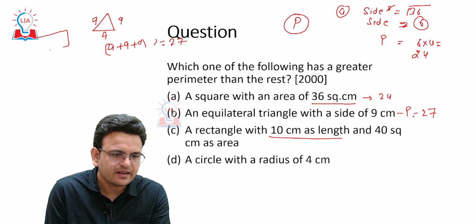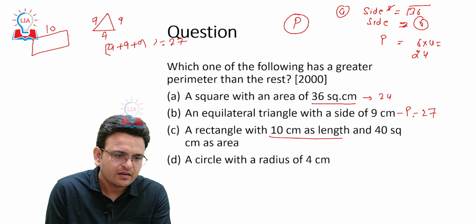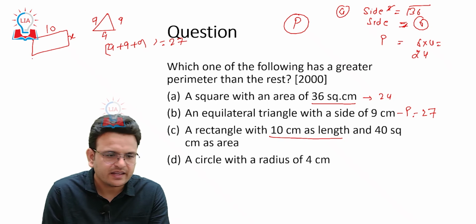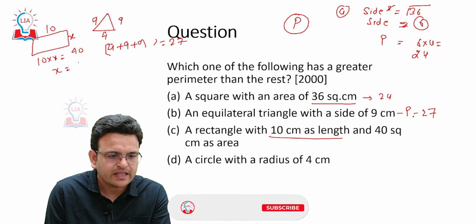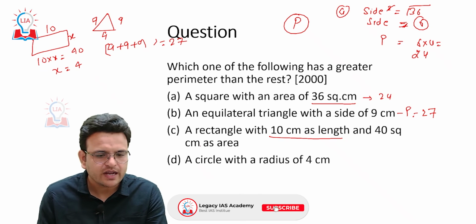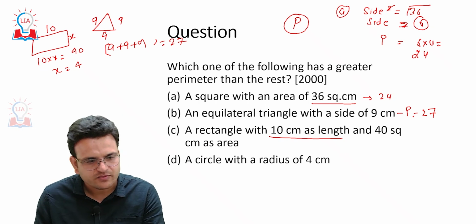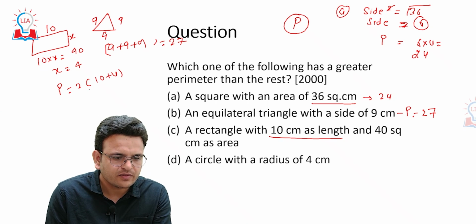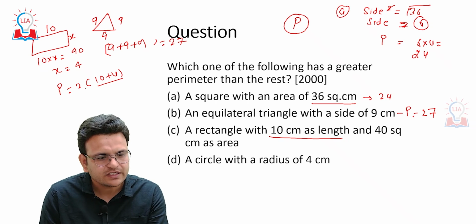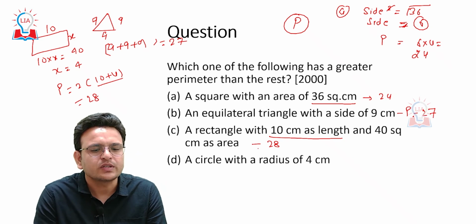In the rectangle we have length 10, breadth x, and length into breadth is equal to area. So the breadth will be 4. In this rectangle the length is 10 and the breadth is 4. Then the perimeter will be 2 into length plus breadth, like 14 into 2, 28. So here the perimeter will be 28.